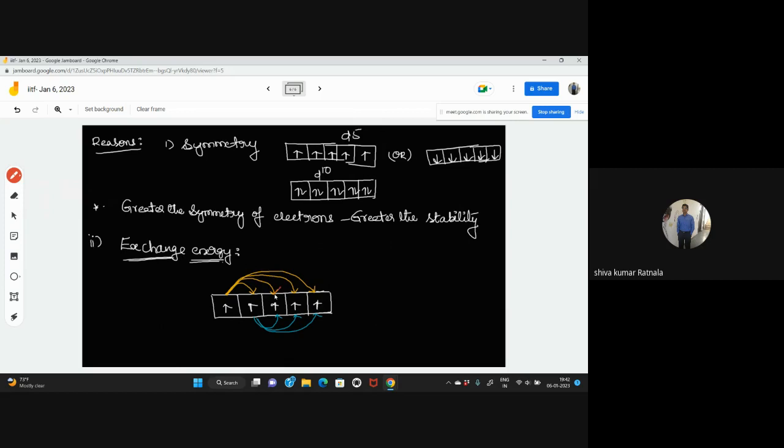A third electron can exchange with this or this. A fifth electron can exchange only with this one. So the total number of exchanges is 10.